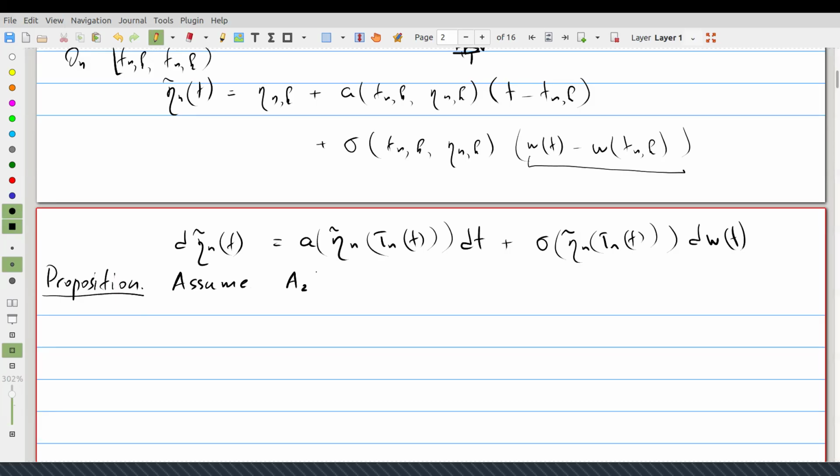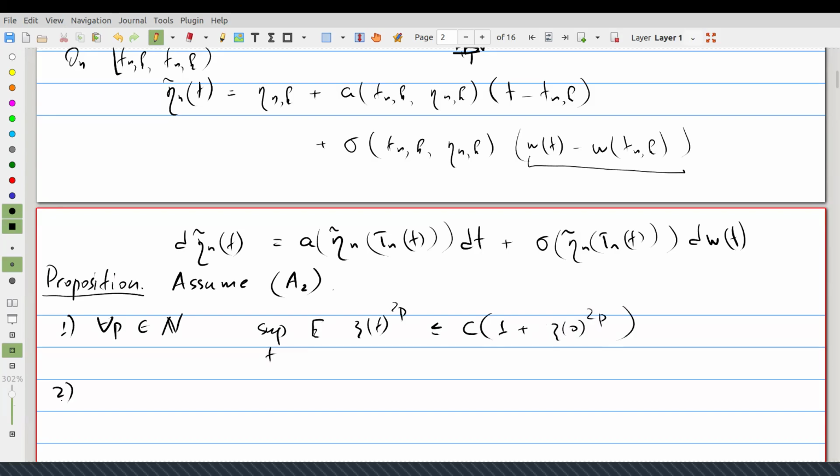So I will assume only the linear growth condition for the first proposition, and then for any p, we have this nice generalization of something that we already know effectively: that the solution of a stochastic differential equation has all moments.